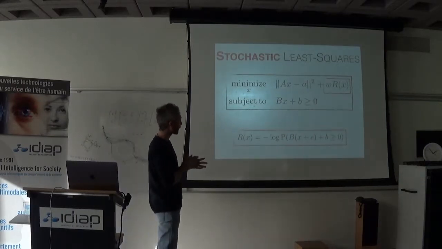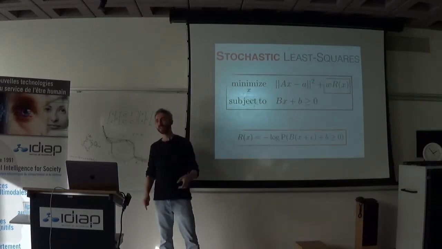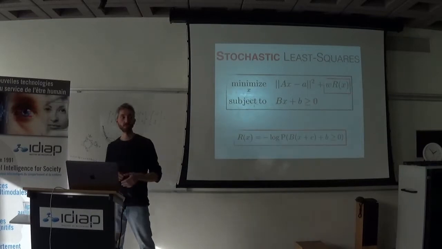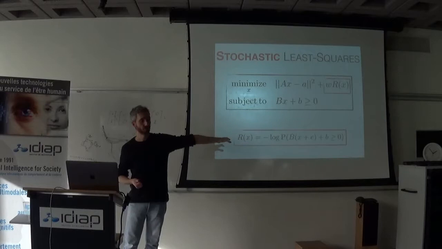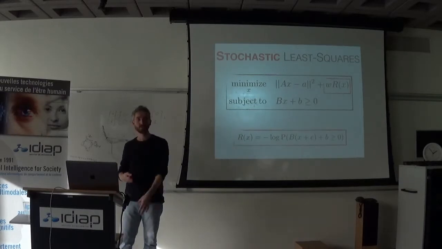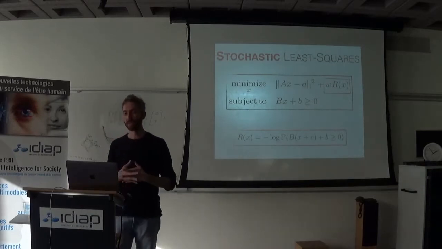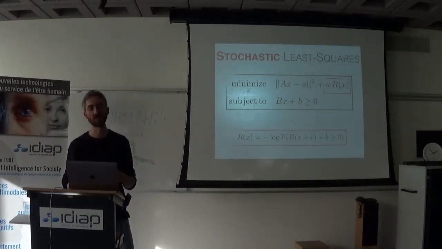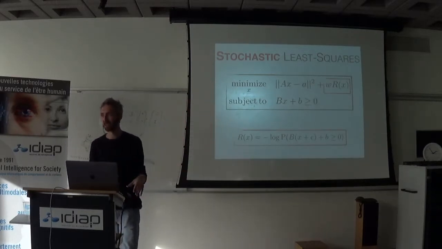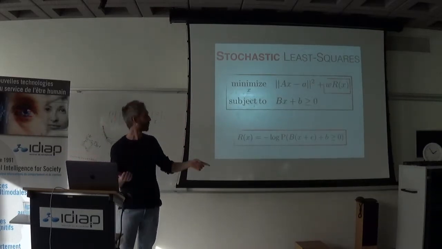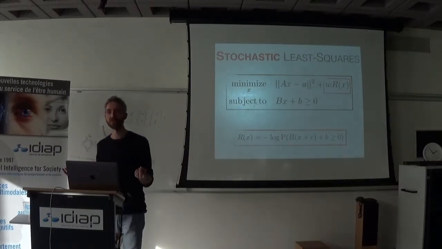The problem is that even if it's convex, computing this probability here is very expensive in terms of computation time, because you have no analytical solution for computing this probability. You have to use numerical techniques, which are very slow. So they can take something like 0.5 seconds for the dimensions we are interested in. And we don't have half a second to compute a probability every time we perform a control loop, right?